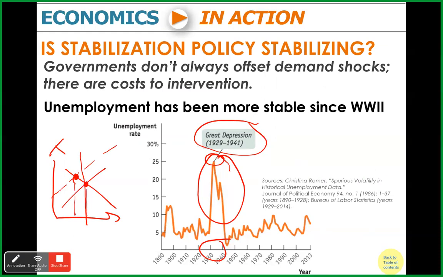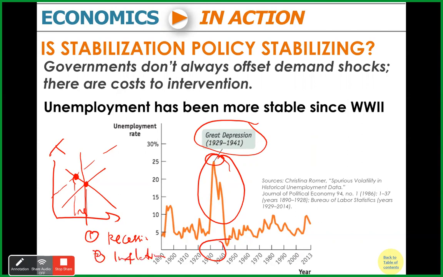We experience two things: one, recession, and two, inflation. So there are two things you need to deal with.